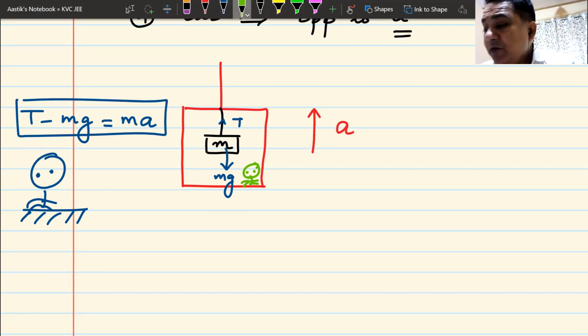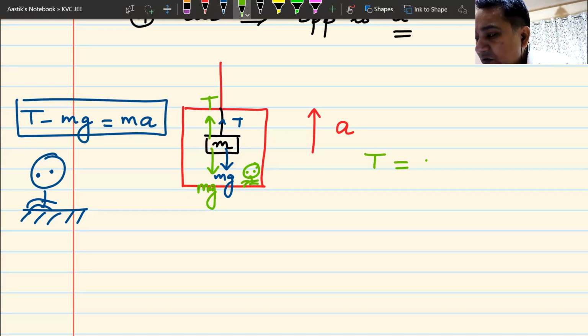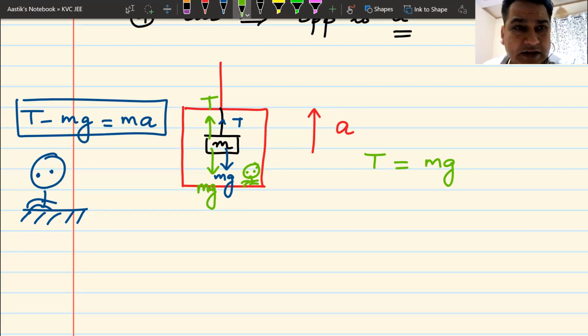Now let us understand what the green Hulk wrote. He saw mg downwards, a real force. He saw T upwards, a real force. He wrote the equation as T is equal to mg. He does not see any motion; he sees the body in equilibrium. But wait. Now the green Hulk understands that he may be in a non-inertial frame.